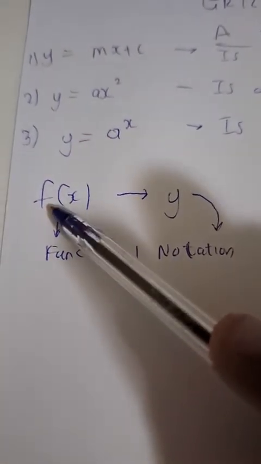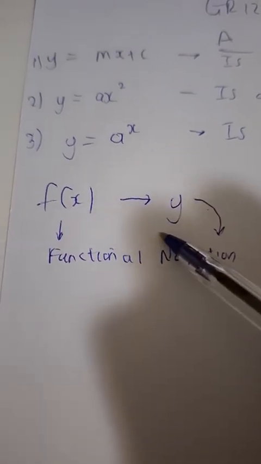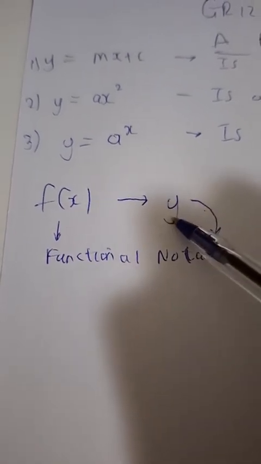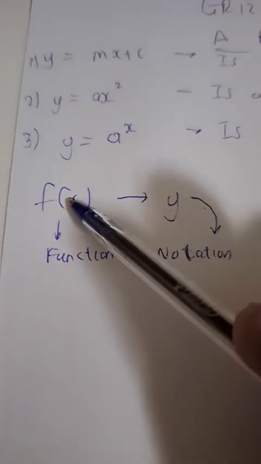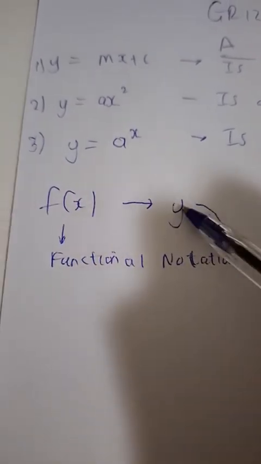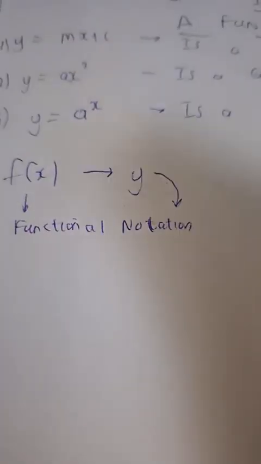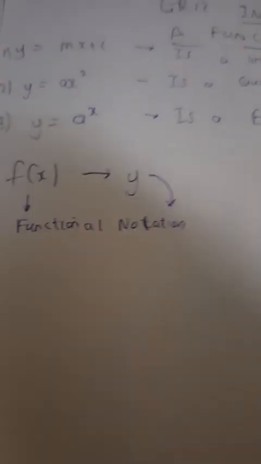So if we want to say y, another way of saying y is f of x. If you want to say f of x, another way of saying f of x is to say y. That's very important. So f of x is just the y variable.